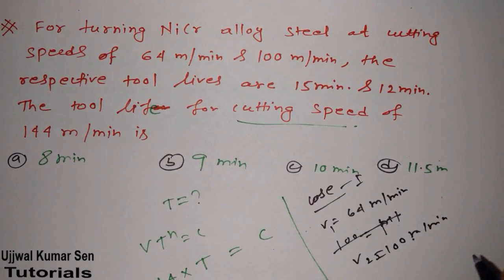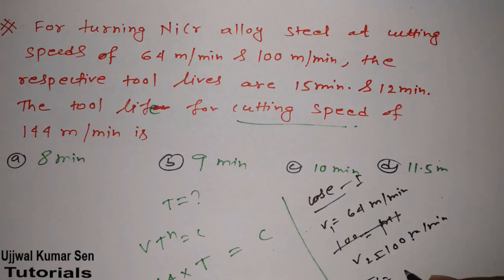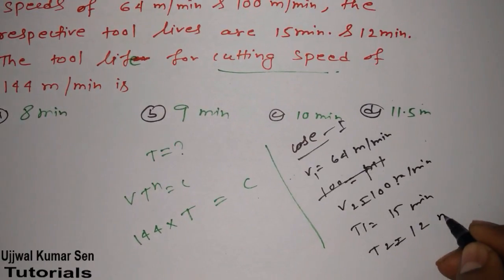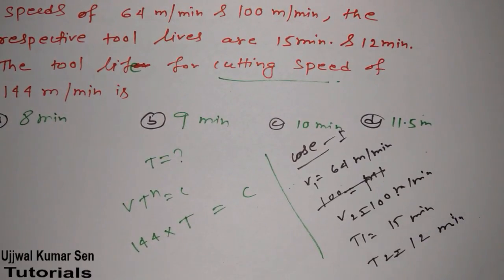The respective tool lives are T1 is equal to 15 minutes, T2 is equal to 12 minutes.